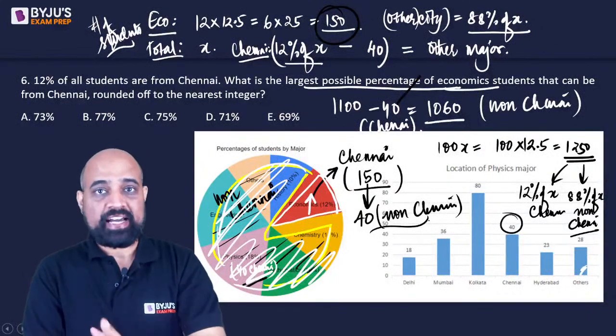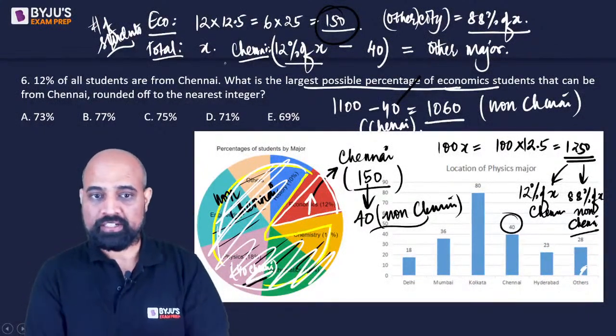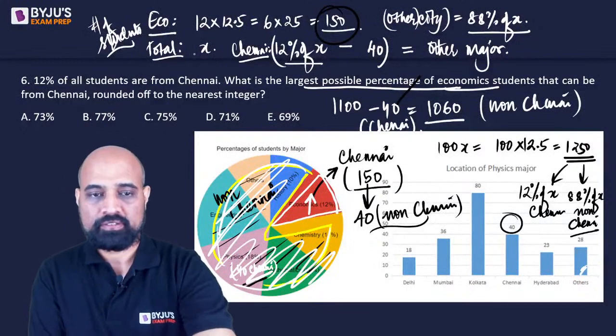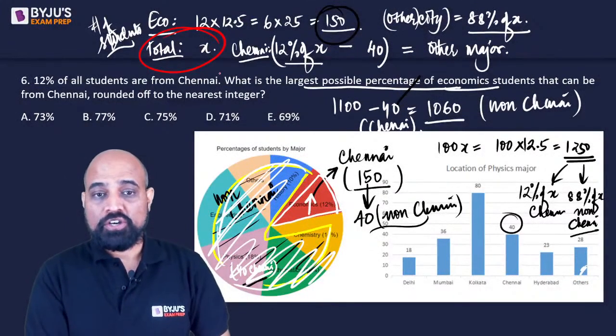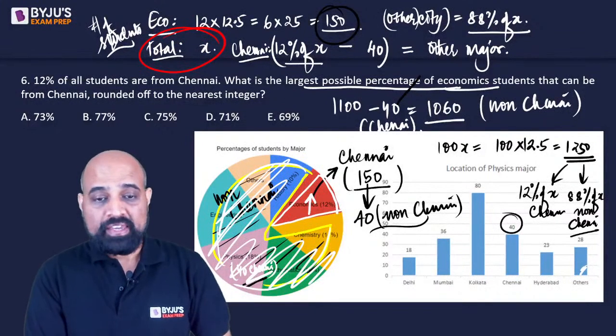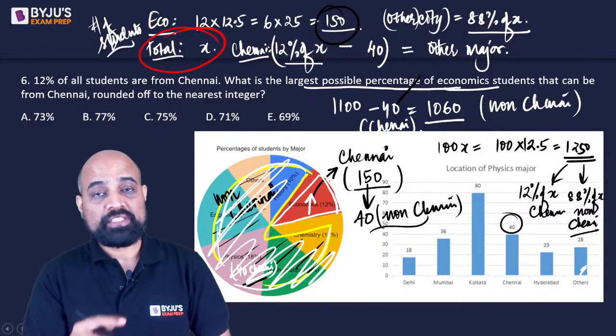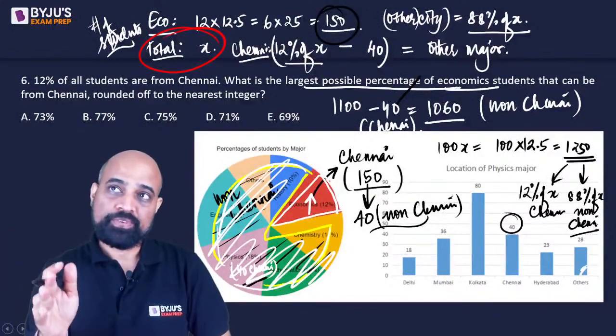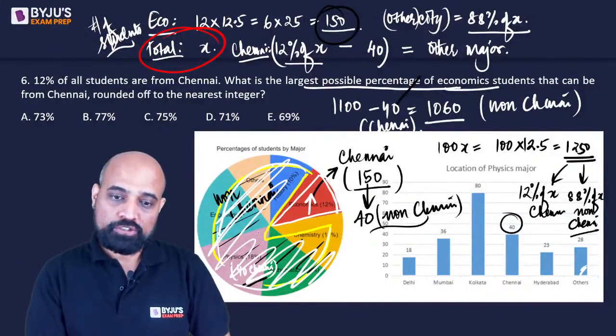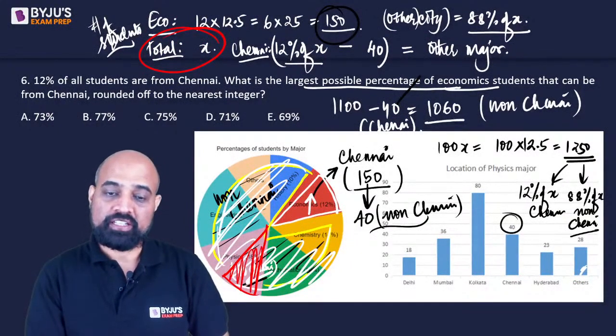That would have been the entire x that we started here. This could have been the total, right? So I would have said that x is 150, as in total 150 students are in Chennai. But 40 students in this physics major, they are from Chennai.